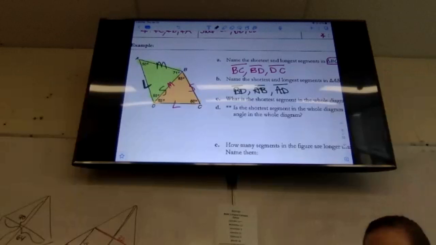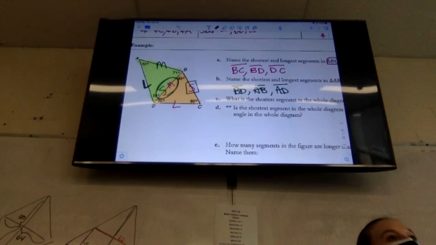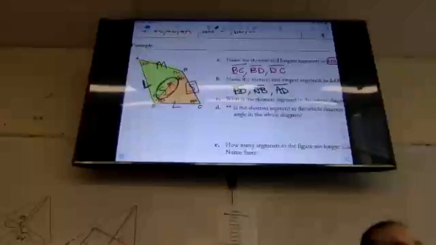The reason we cannot use that logic is because it's not always true. Do you see that BD is not the smallest segment in the orange triangle? So it's BC. Good. So even though BD is across from the smallest angle, comparatively, it's not the smallest because BC, you already told me, was smaller. So we have to look at it all compared to each other.